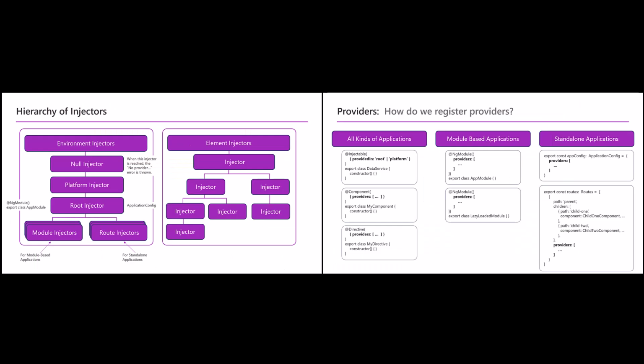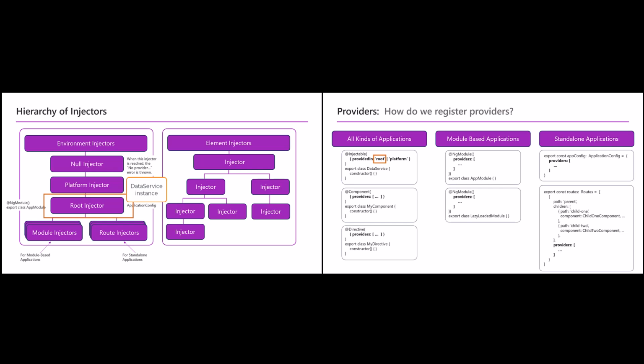The way in which injectors and providers work together is as follows. When a service registers itself using the provided in root metadata property, the root injector creates an instance of that service, and any consumer that requests that service in its constructor will first look to itself for a registration of that service. And if it's not found, it will then look to its parent.